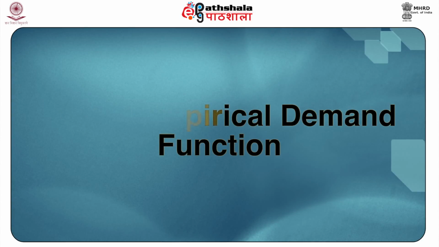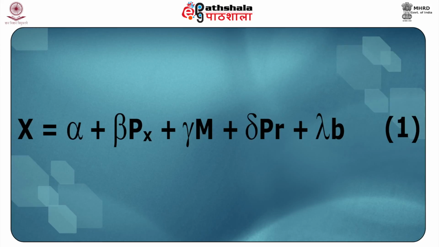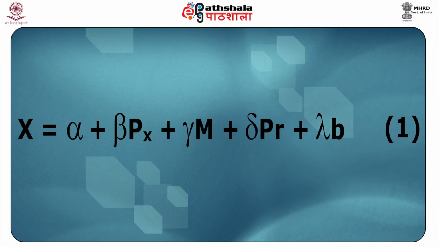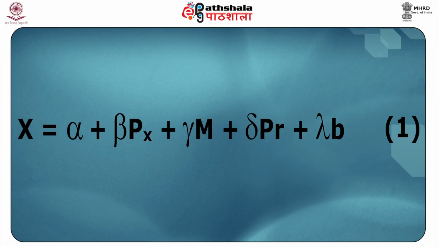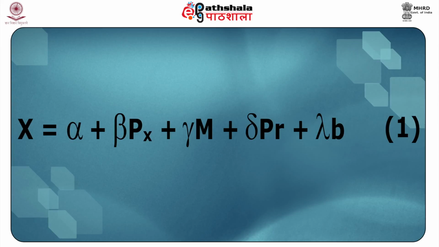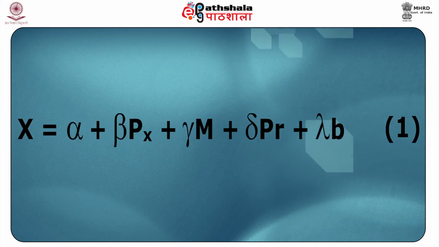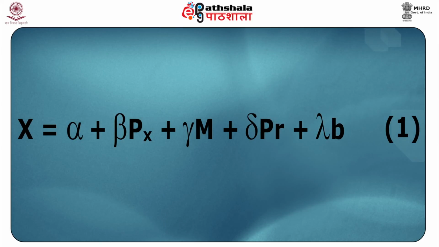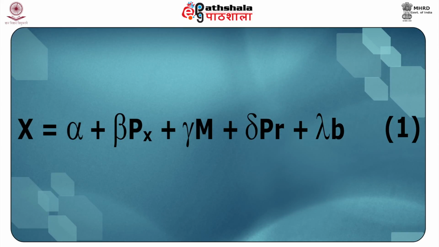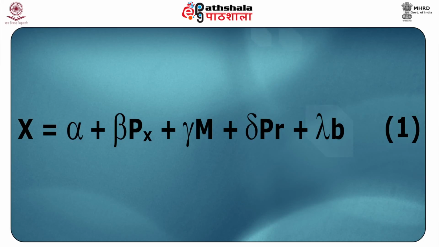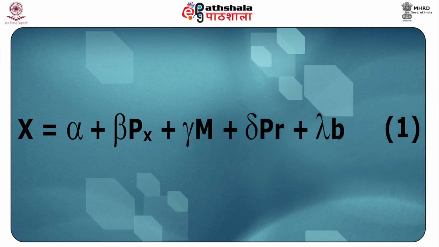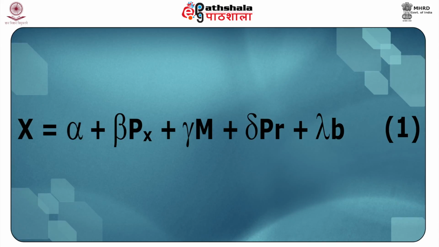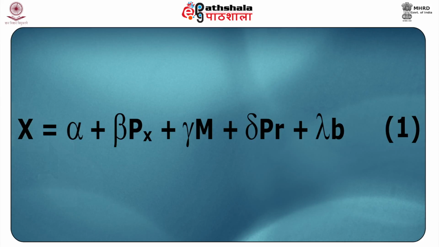Linear empirical demand function. A linear demand function is specified as X is equal to alpha plus beta Px plus gamma M plus delta Pr plus lambda B. For practical purposes, we choose to ignore the variable of taste and preferences T, as it is difficult to quantify tastes of a consumer.